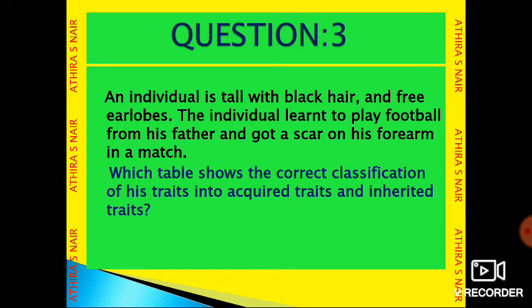Here in the question different traits are given: tall, black hair color, free earlobes, he can play football well, and he has a scar on his forearm. You have to classify these traits into acquired and inherited traits. The options are given. From the options, you have to select the correct answer.